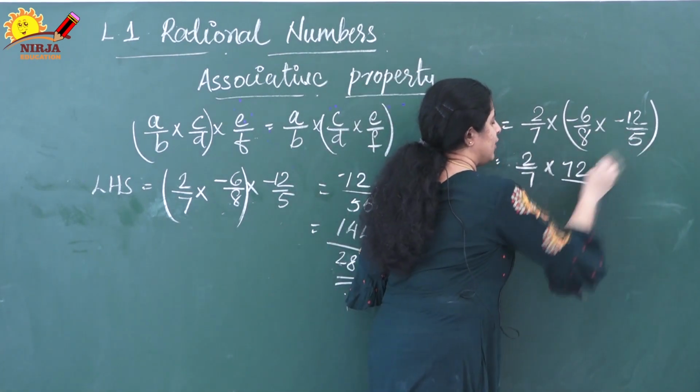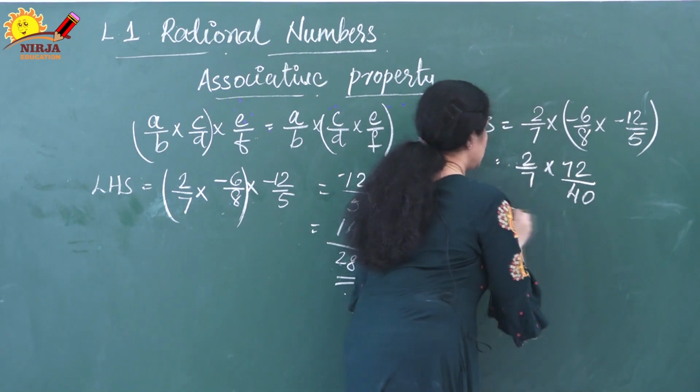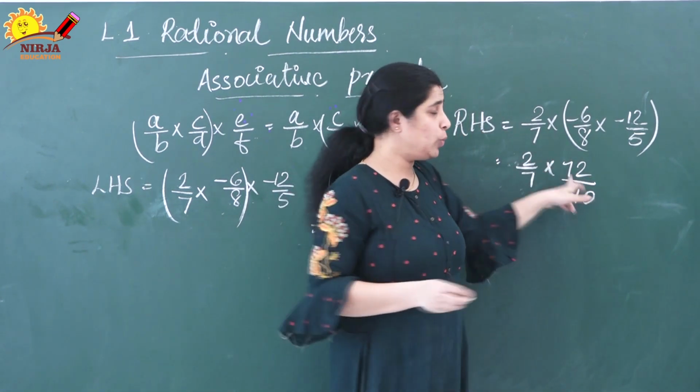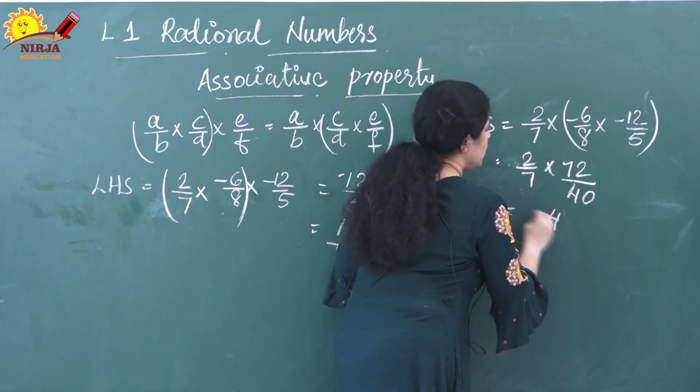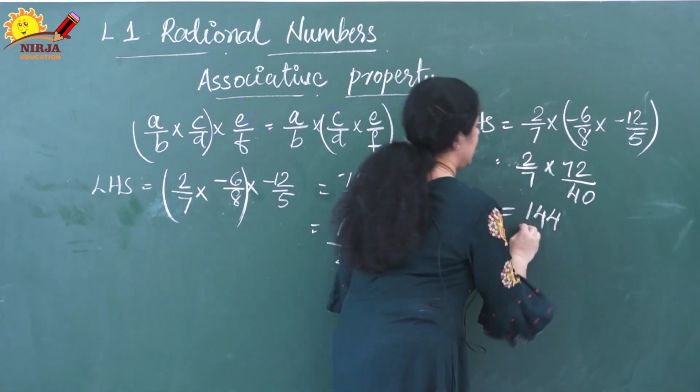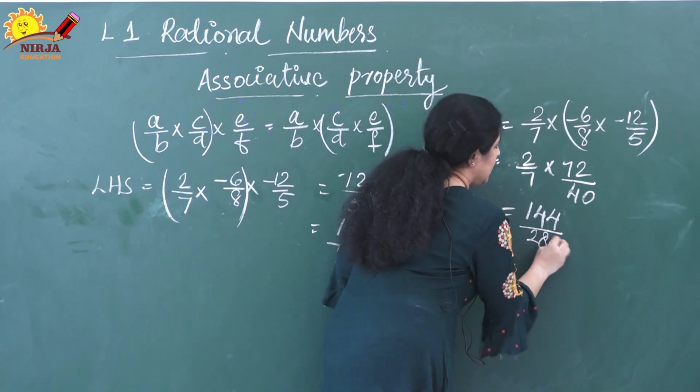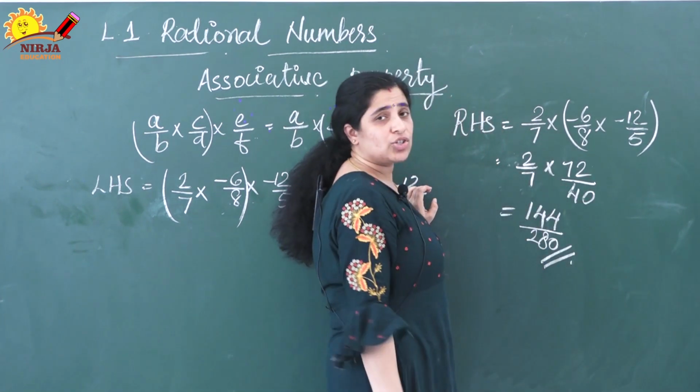After that 8 fives are 40. Now again multiply the numerator with the numerator. 2 twos are 4, 7 twos are 14. Again with denominator, 7 fours are 28, you are getting 280.